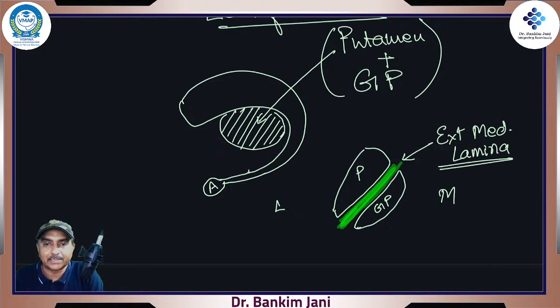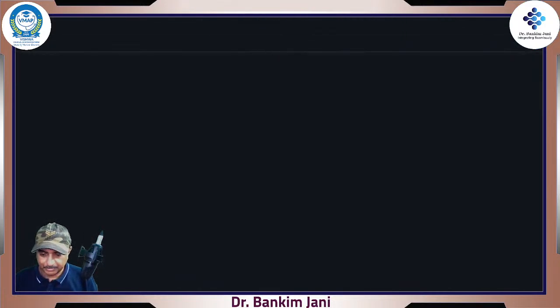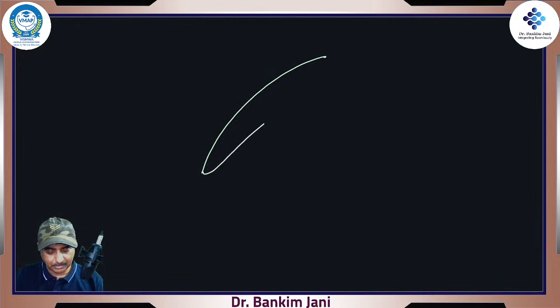And when we say external medullary lamina, there has to be an internal medullary lamina. Yes, that would come. So this is how it is arranged. Let's take it on a separate page. We draw a full one, so this figure will guide you. So let's say this one is putamen.